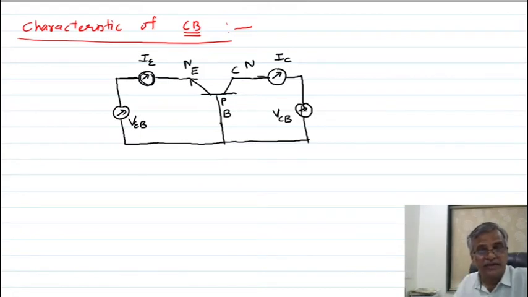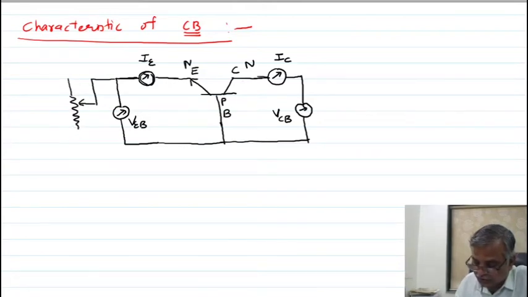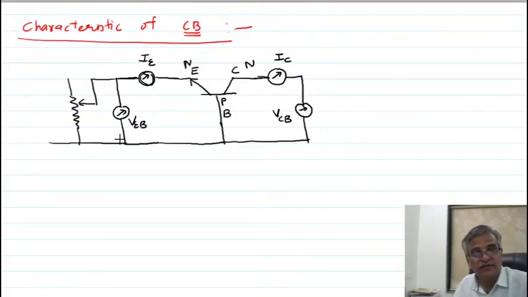You have to vary the input voltage and note down the input current. So I have to use a potentiometer circuit. Characteristics means relation between the current and voltage. Input characteristics means the relation between input current and input voltage.